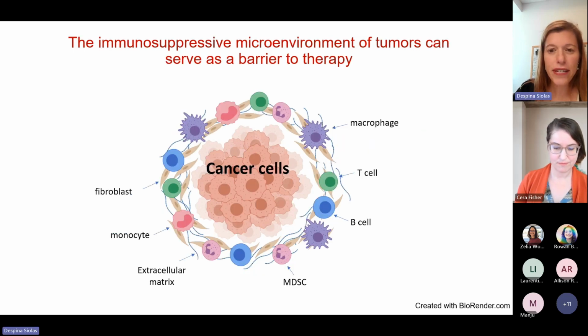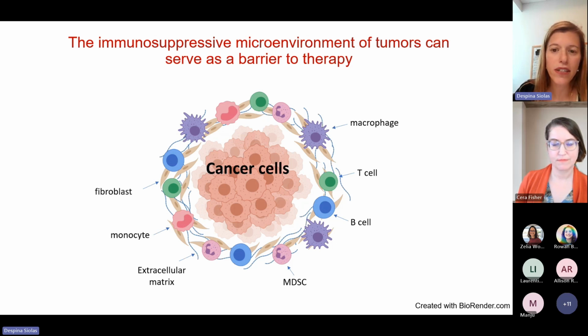And it's a unique feature of the disease in that it can serve as a barrier to both immunotherapy and tumor growth. So what is the tumor microenvironment? It's a network of stroma, blood vessels, inflammatory cells that surround and interweave amongst the cancer cells.